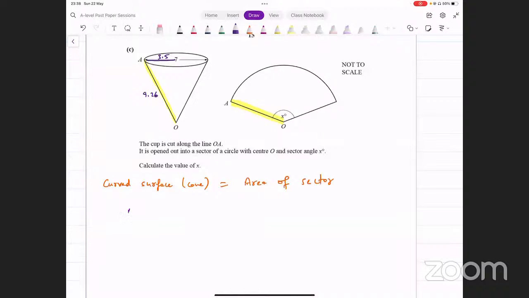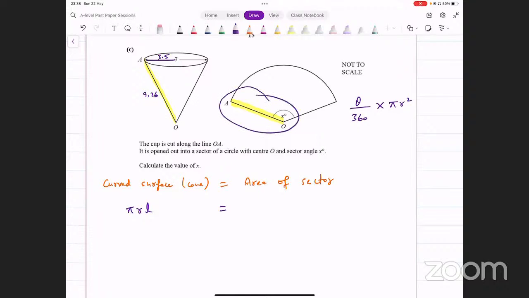Let's use that. Pi RL equals area of the sector. Area of sector क्या होता है? Theta over 360 into pi r square. Theta क्या है यहाँ पे? X. Radius क्या है?